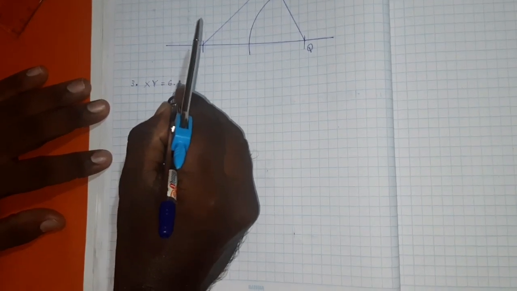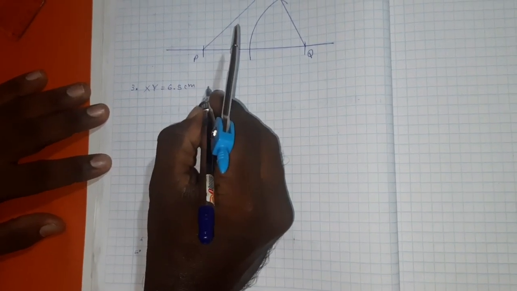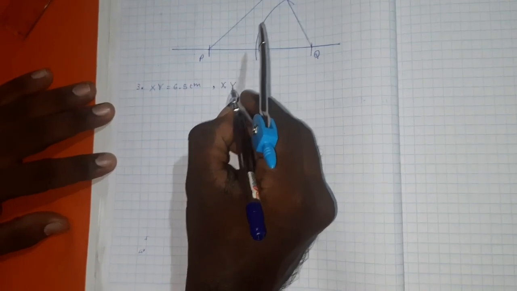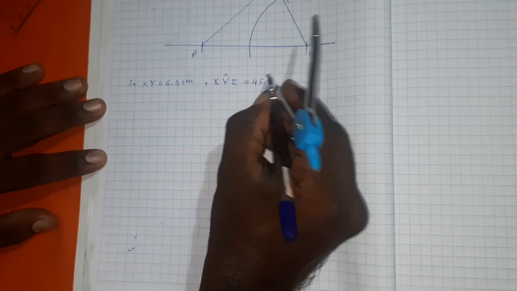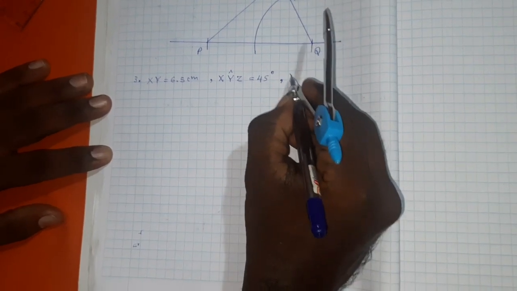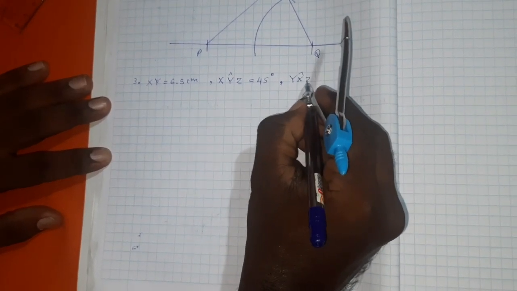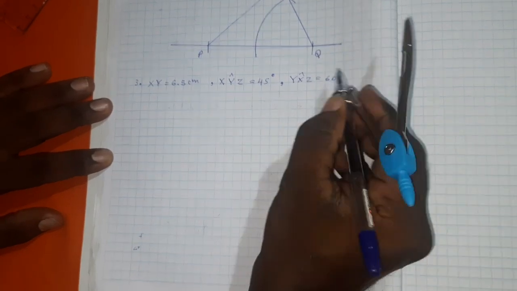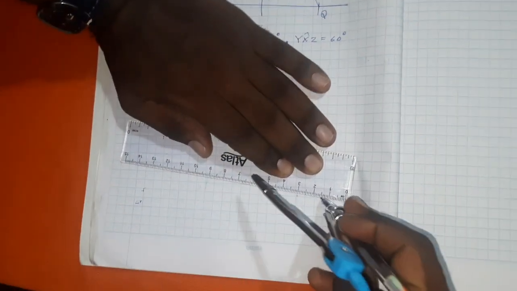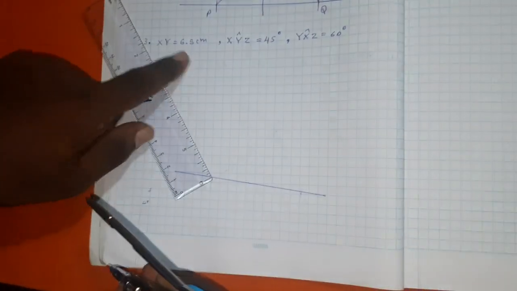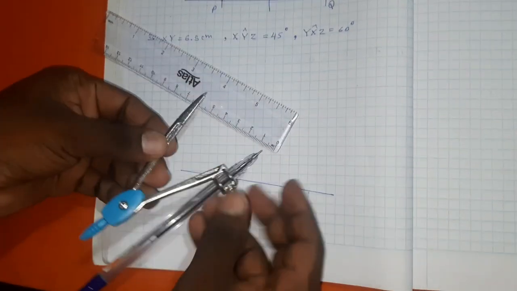Then the other one is XY equals 6.5 centimeter, XYZ angle 45 degrees, YXZ angle 60 degrees. So first of all we have to construct the straight line by taking 6.5 centimeters to the compass.